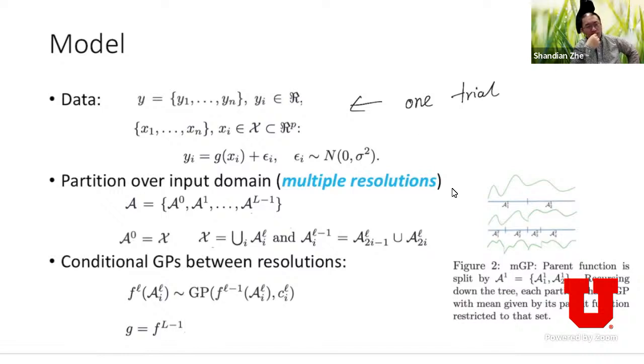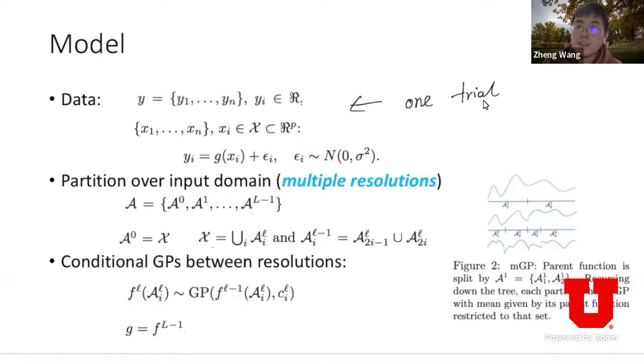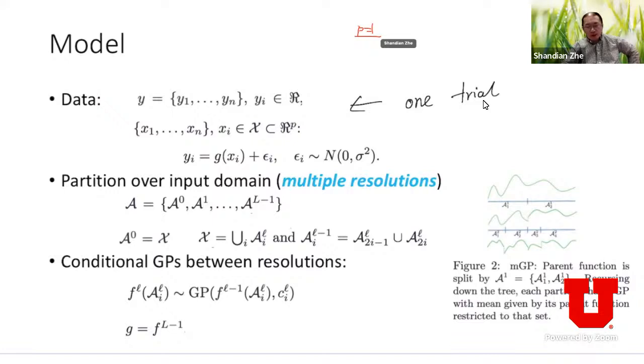If it is just a time series, the input is just a scalar, time. They just list a more general notation here, but their experiments only use time series data. So p is simply 1, right? Yeah.